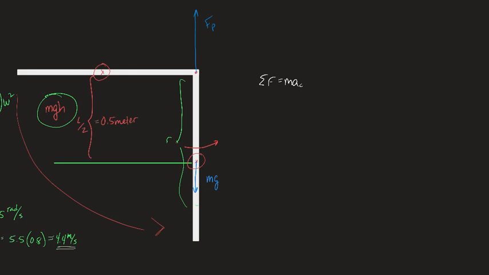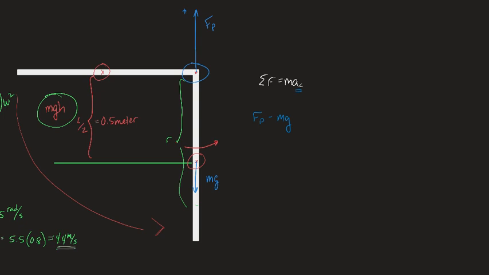This is the problem. There are 2 forces, FP upwards minus mg downwards. I'm going to choose upwards to be positive on purpose because it's traveling in a circle and it equals the centripetal acceleration. So my unbalanced force has to be in the direction of the center of the circle. So that's why this one, that's where the center of the circle is. So I'm looking at the upward force.